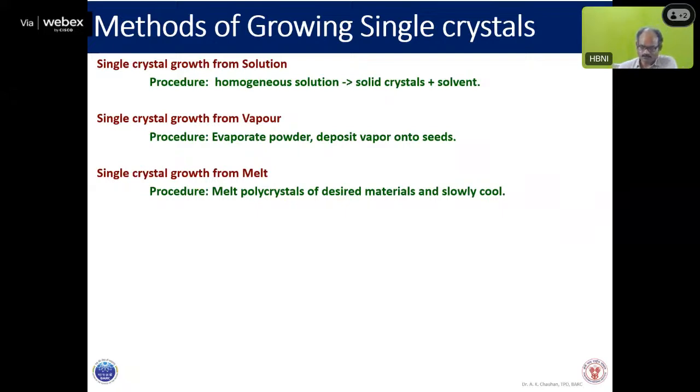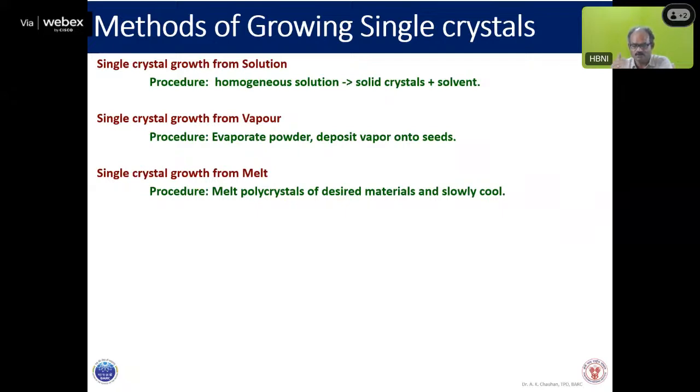So, when you are growing from the solution, it is normally a homogeneous solution, and it gives you solid crystals from the solvent. Suppose you have sodium chloride, like our salt, which you keep on adding inside pure water, and then you leave it like that.